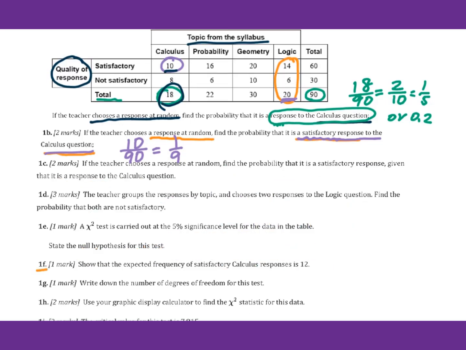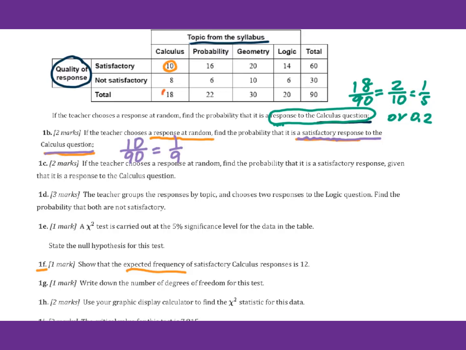For 1F, show that the expected frequency of satisfactory calculus response is 12. How will you get expected frequency using this formula? Go to satisfactory calculus response here.